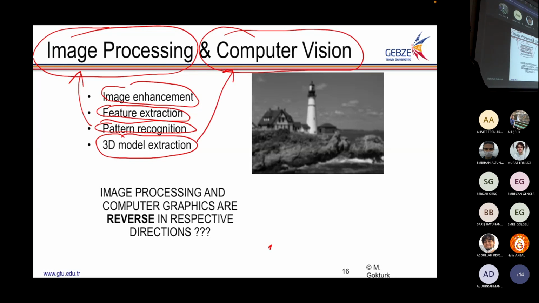Okay? So that requires you to have photographs or video at the beginning. So a photograph of a real object is taken and then processed. That is what we call image processing.